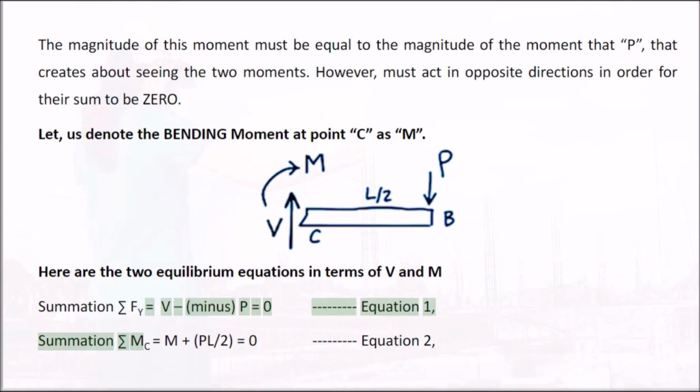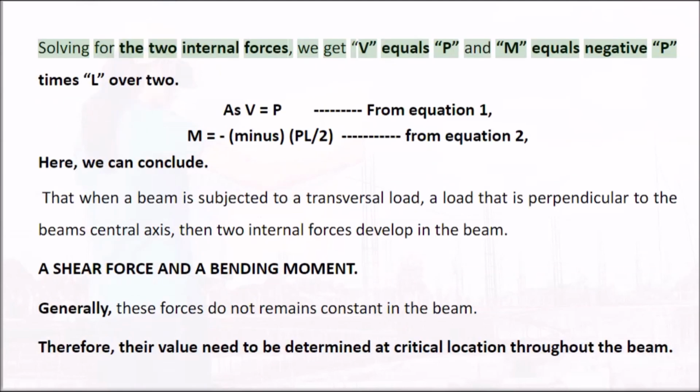Summation Mc equals M plus PL/2 equals 0, equation 2. Solving for the two internal forces, we get V equals P and M equals negative P times L over 2.